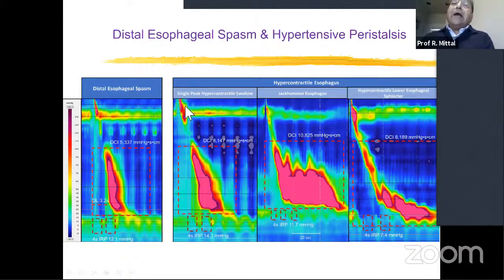This is hypercontractile, where this is jackhammer esophagus, with a DCI of more than 10,000 and repetitive waves. And this one is hypercontractile but localized to the distal esophagus and the lower esophageal sphincter region. We can give it different names: diffuse spasm, nutcracker, jackhammer, hypercontractile lower segment. I think it's good that with the Chicago 4 classification we have a uniform way of classifying these disorders.